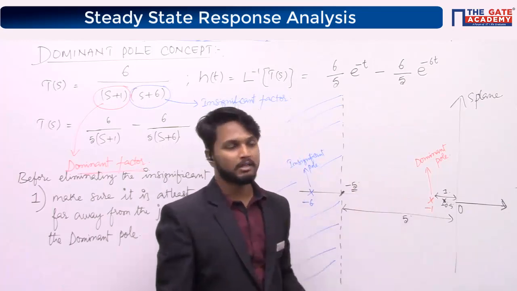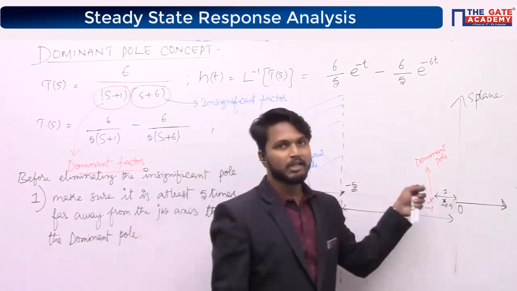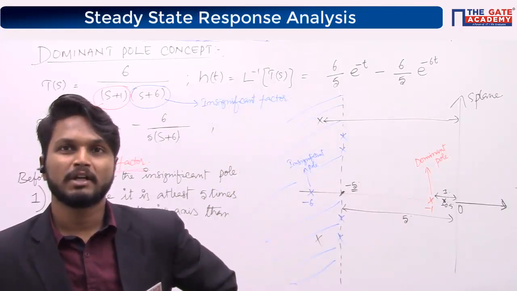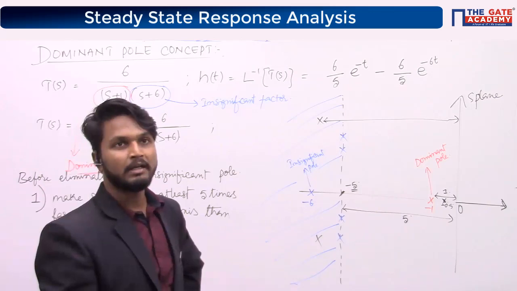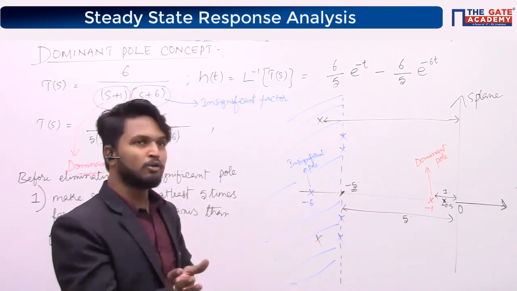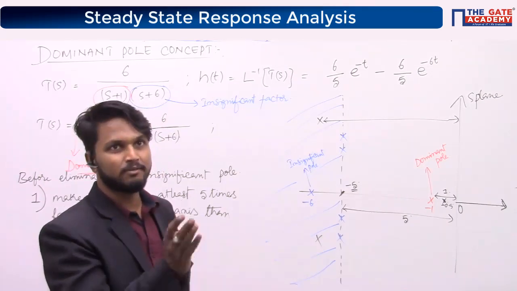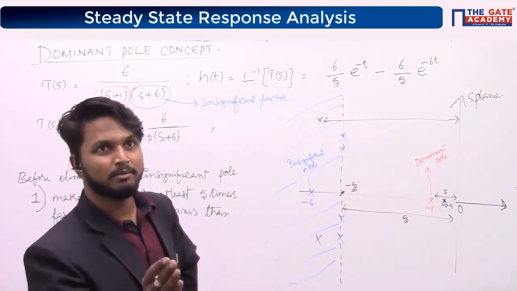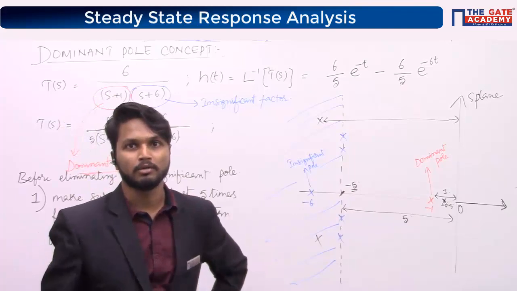So you can eliminate this pole, but you cannot eliminate these two. But that would not be insignificant for -1, right? So only those poles are considered to be insignificant which are at least 5 times far away from the j omega axis than the dominant pole.